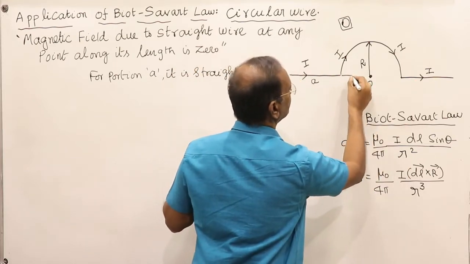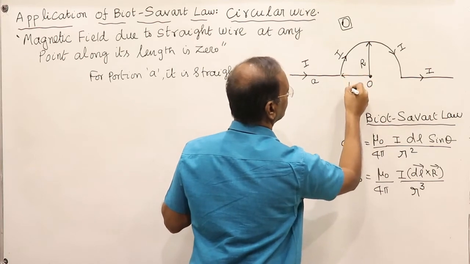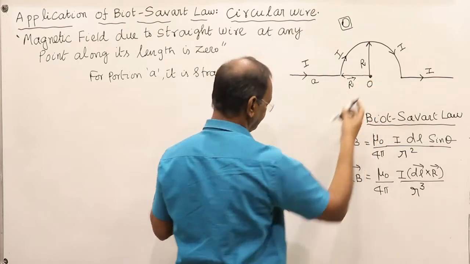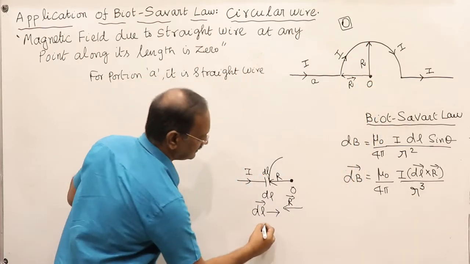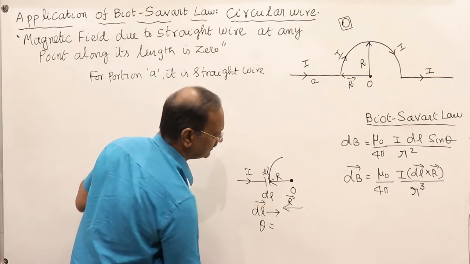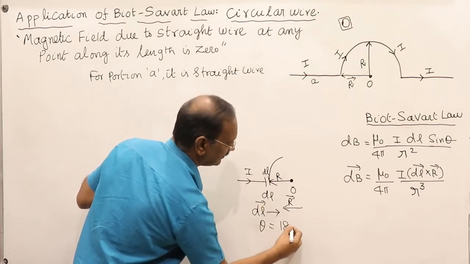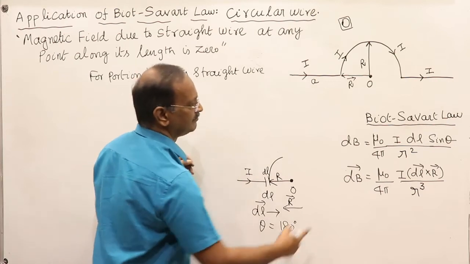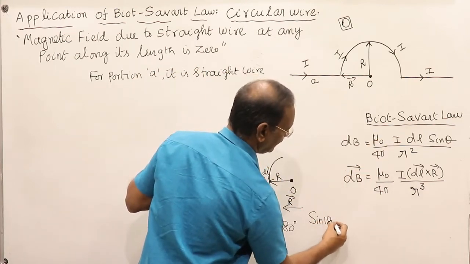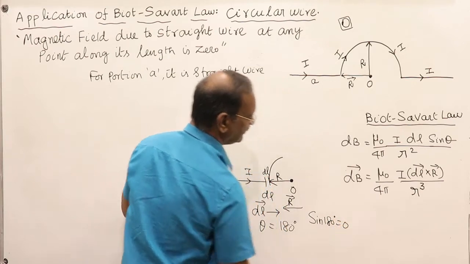The r vector is in this direction because it is a radius. Therefore, what is theta? The dl vector is in this direction, the r vector is in this direction, so theta is equal to 180 degrees, and sine of 180 degrees is equal to 0.